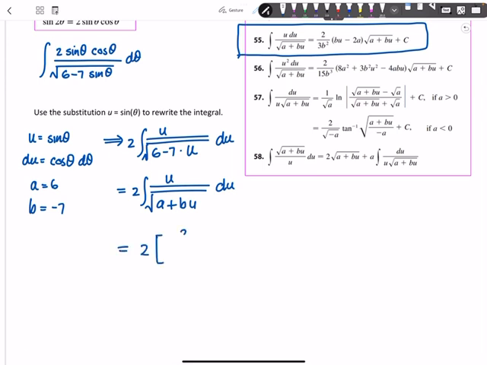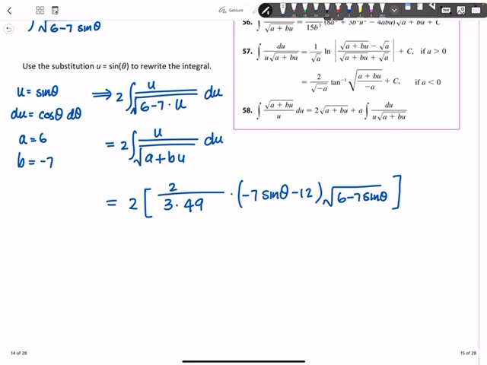2 divided by 3 times 49 times negative 7 sine theta minus 12 times the square root of 6 minus 7 sine of theta.